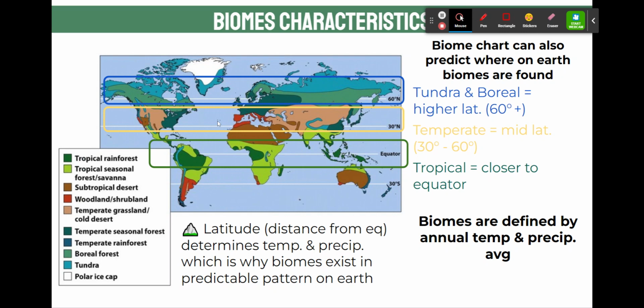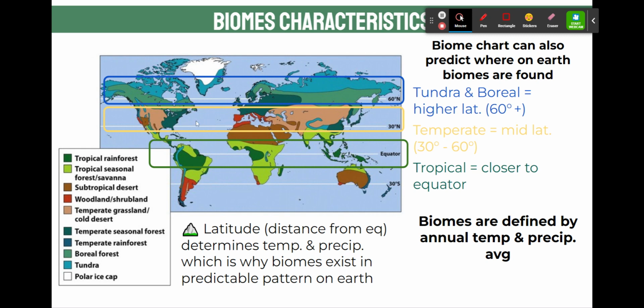It just depends again on where you are and how much of the sun's rays you are receiving and what's happening in the oceans as well. Because if you look here at America, here we are. We are a temperate seasonal forest. But if you look over here, they're actually more of a temperate seasonal forest up north in the northern parts of Europe, but primarily a woodland, shrubland in places that are pretty much equal in terms of latitude.